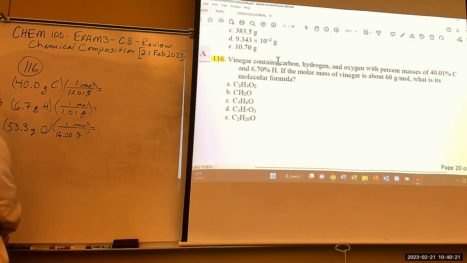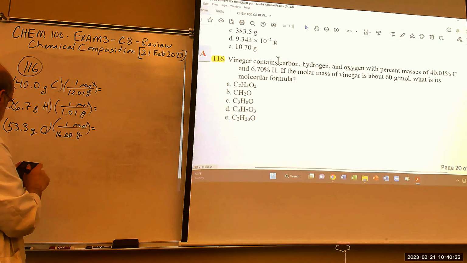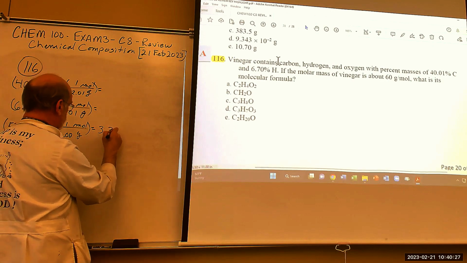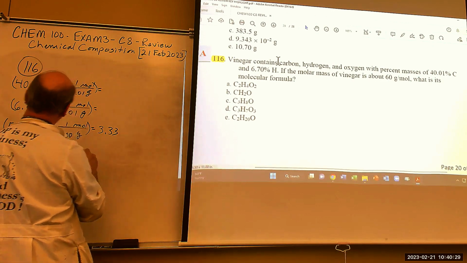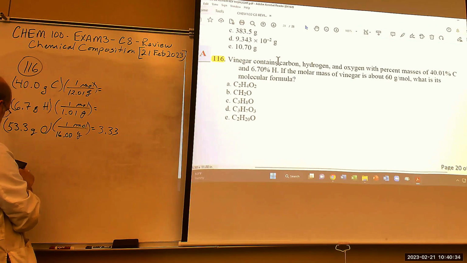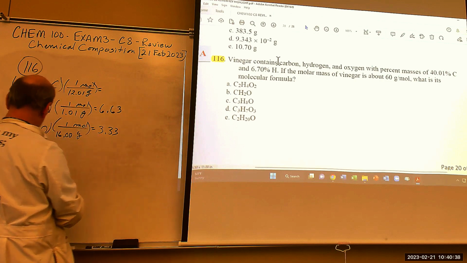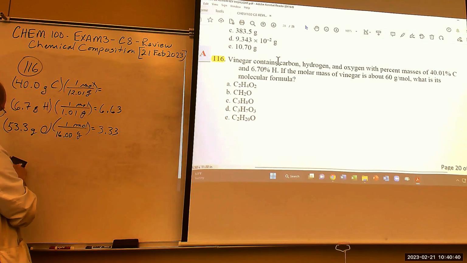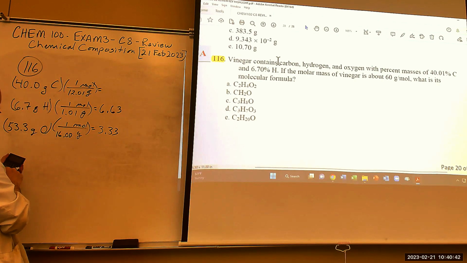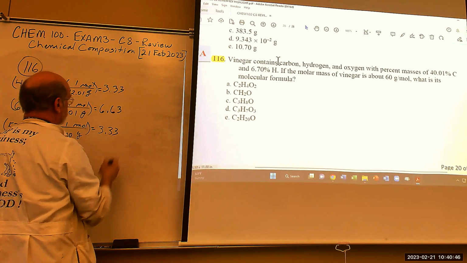There we go. Just do a little quick calculation here. 53.3 divided by 16 is 3.33. And this one is 6.7 divided by 1.01, which is 6.63. And then the last one, 40 divided by 12.01 is 3.33.